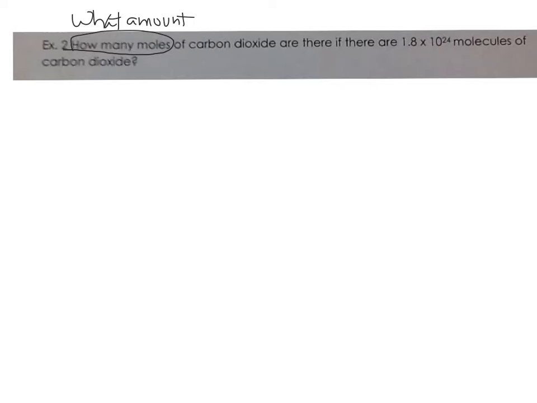Is it big N or little n? Little n. So how many moles is what we want to find? That means the 1.8 times 10 to the 24 is big N. We always know Avogadro's number.